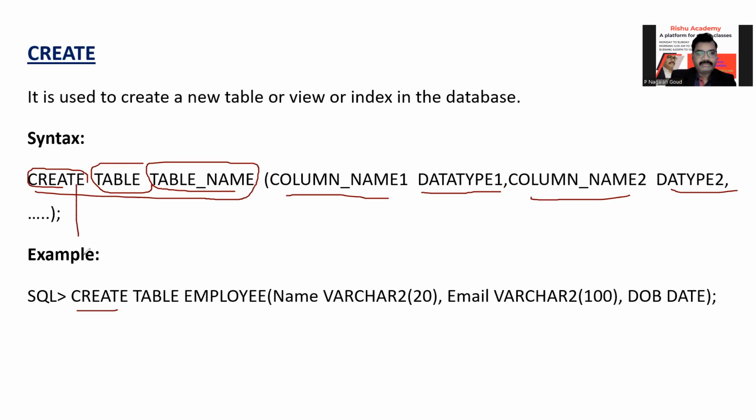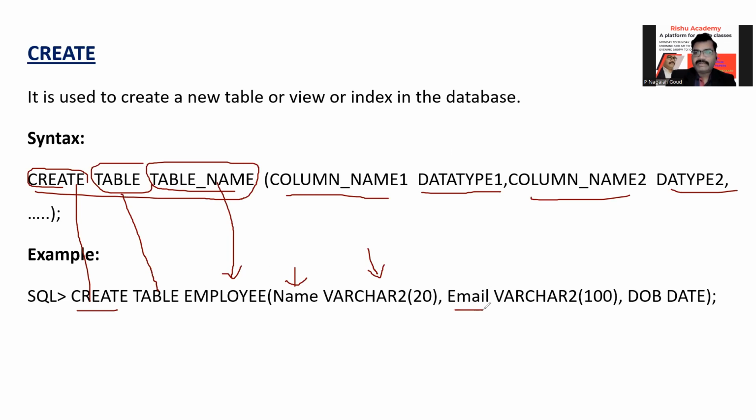Create command here. Table keyword here. And in place of table name, it is user defined word. Here I want to create employee table. The first column name is name and its data type is varchar. Why? Because I want to store characters. Second attribute, email.